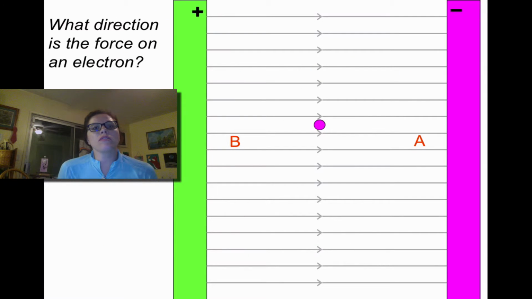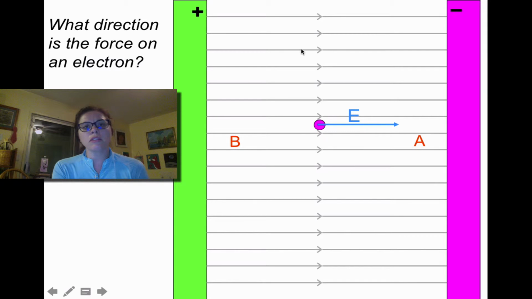What direction is the force on an electron? So we have this object that's supposed to be an electron, it's really big. But anyway, it's negatively charged. Now, if we look, the electric field is going to, I hope you said, to the right.